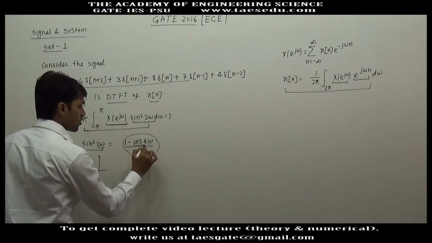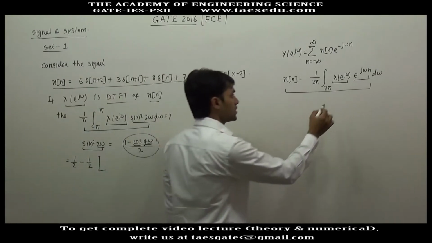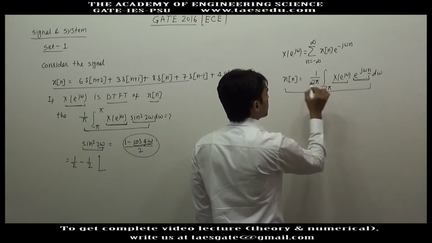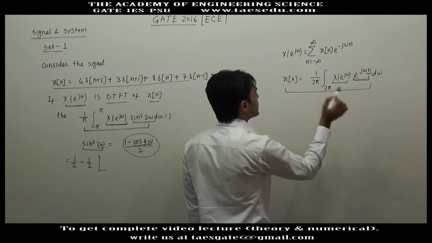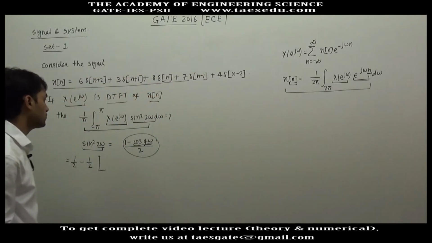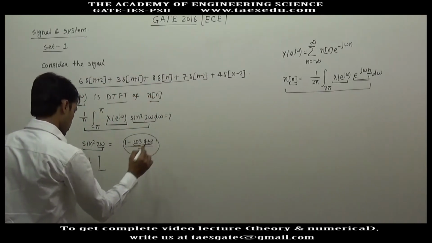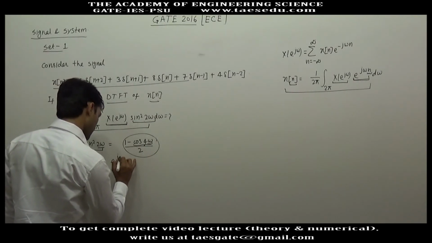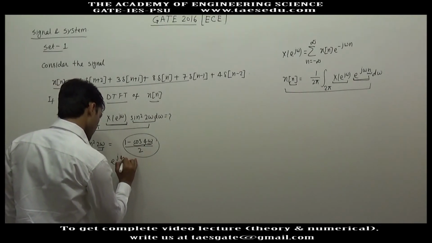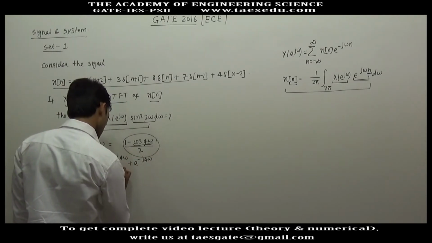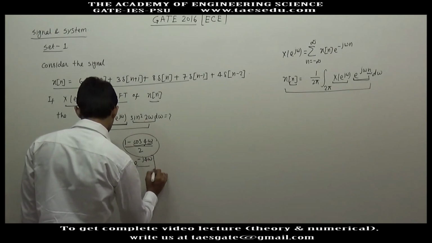Now we have to relate cos omega with e to power j omega n. This value of n can be put as anything on both sides of this equation. So cos 4 omega can be written as e to power j 4 omega plus e to power minus j 4 omega divided by 2.